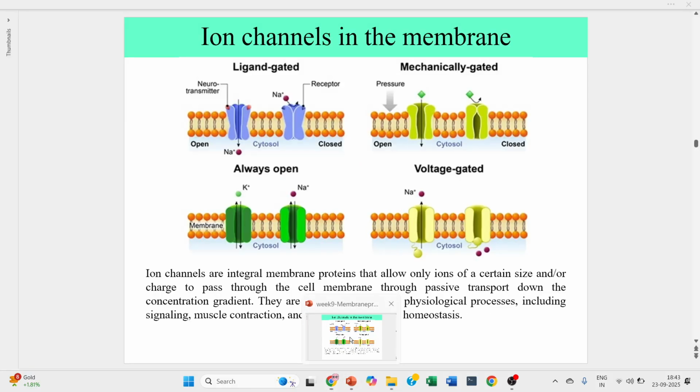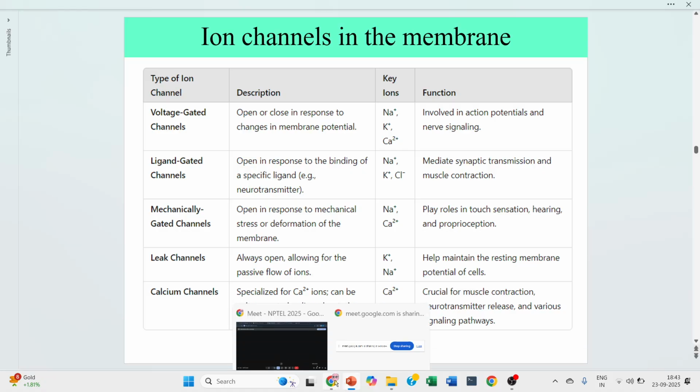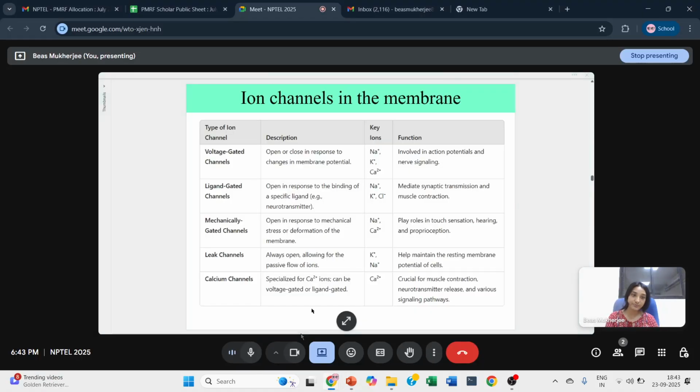Right, now we will go to the next slide. See, everything is given in detail for you. Voltage gated channels open or close in response to changes in the membrane potential. They are involved in the action potential and nerve signaling. Then there are ligand gated channels. They open in response to the binding of a specific ligand, for example a neurotransmitter. These help in mediating synaptic transmission and muscle contraction.